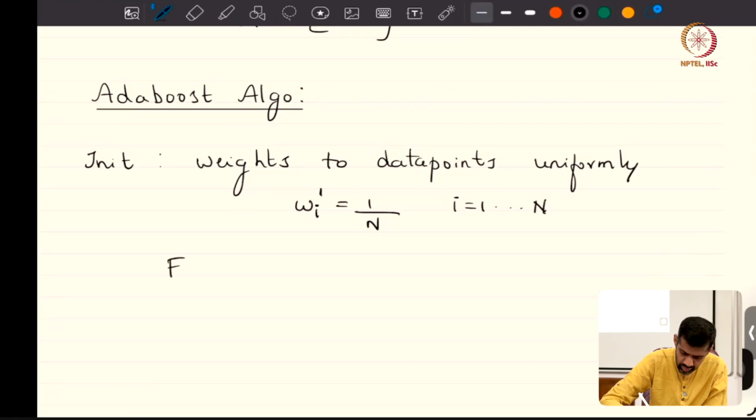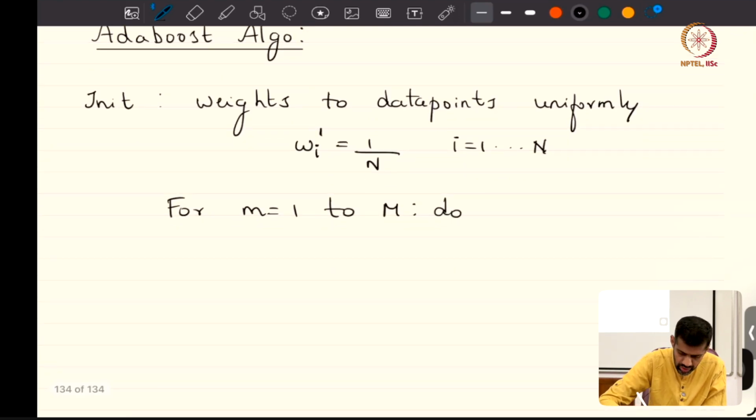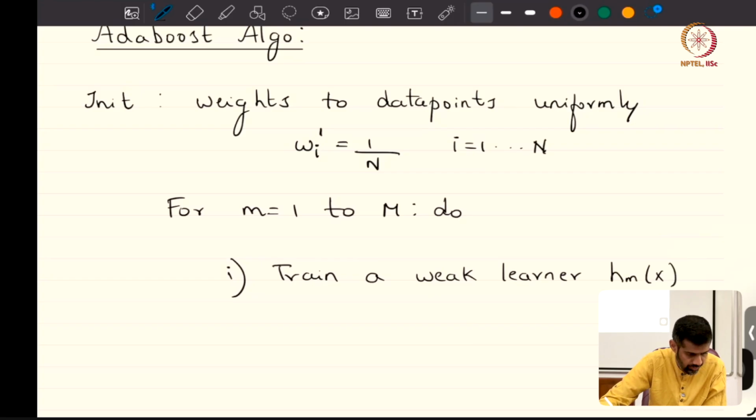So now for m equal to 1 to M, do. The first step is to train a weak learner, let's call it h_m(x), with the current weights on data, which is w_i^m.